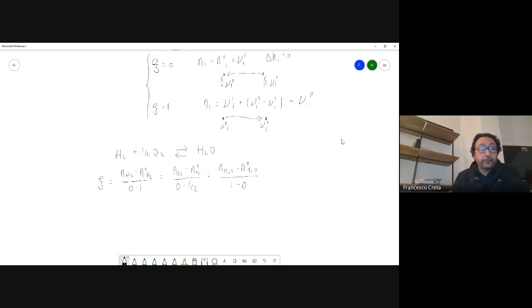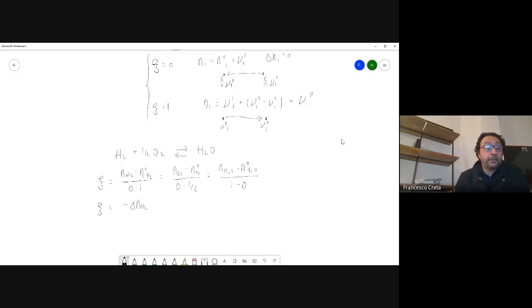So you see that now Xi is essentially the change in number of moles of hydrogen, with a minus sign.